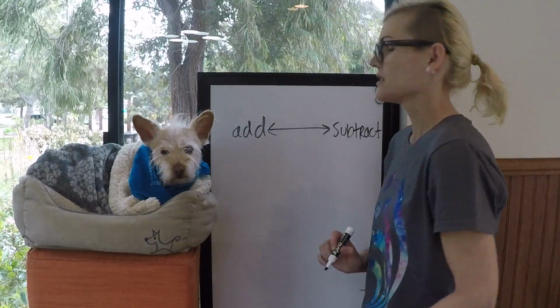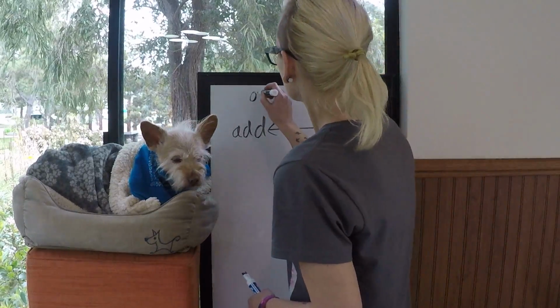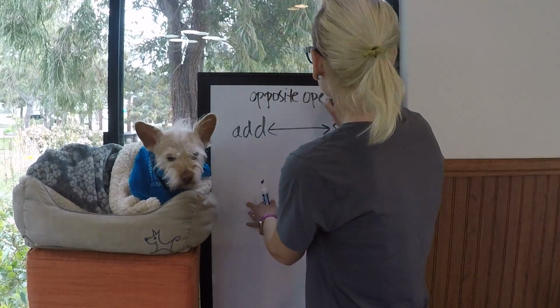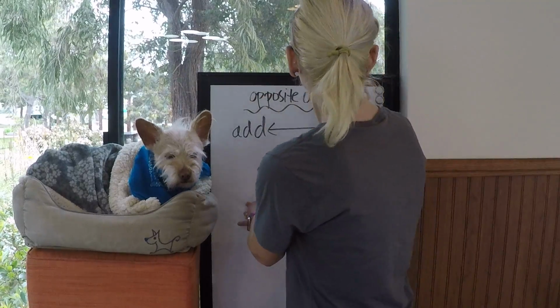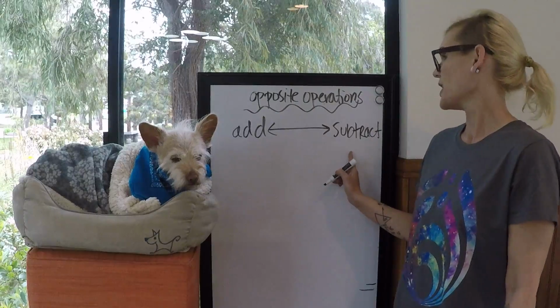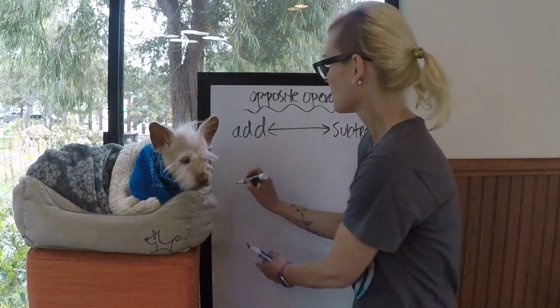We're going to be doing some examples, but if you want to write this down: opposite operations. If the problem gives you addition, you're going to do subtraction. If the problem gives you subtraction, you're going to do addition.